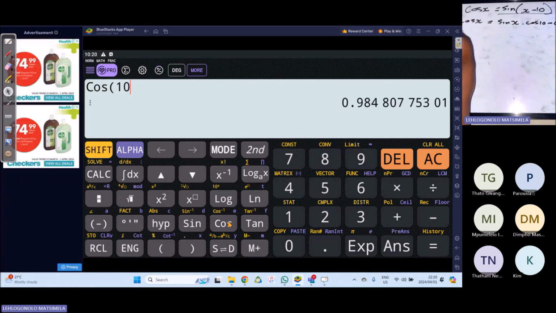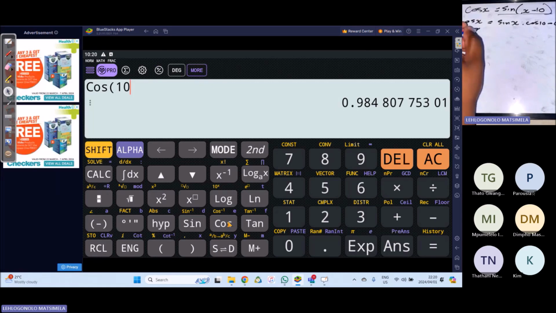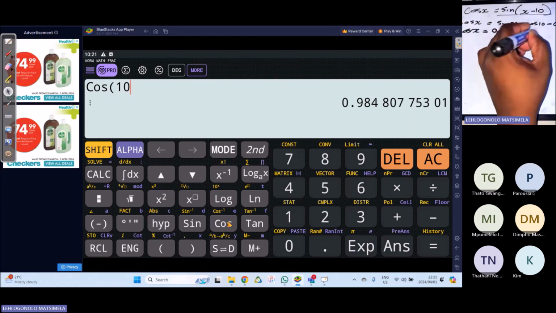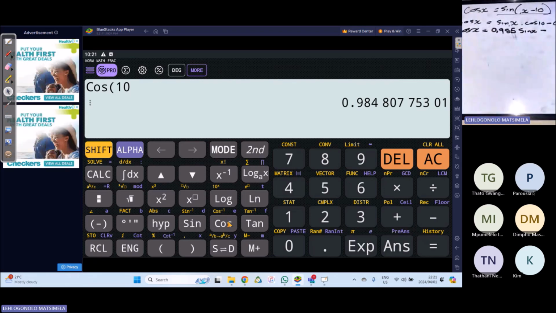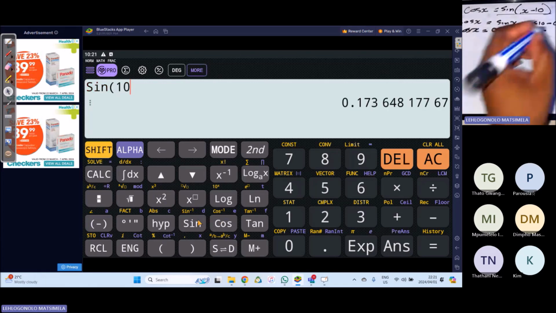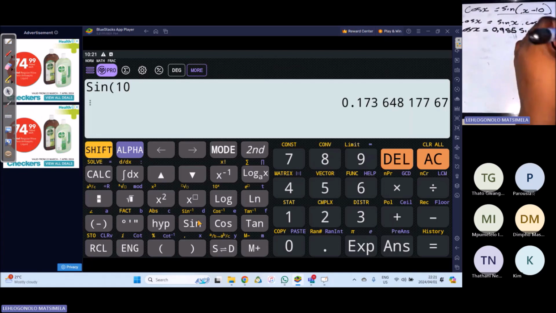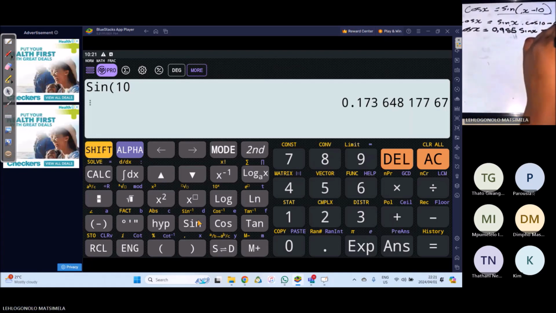I have negative cos x is equal to 0.984 sine x, minus sine 10. What is sine 10? Sine 10 is 0.174 cos x.